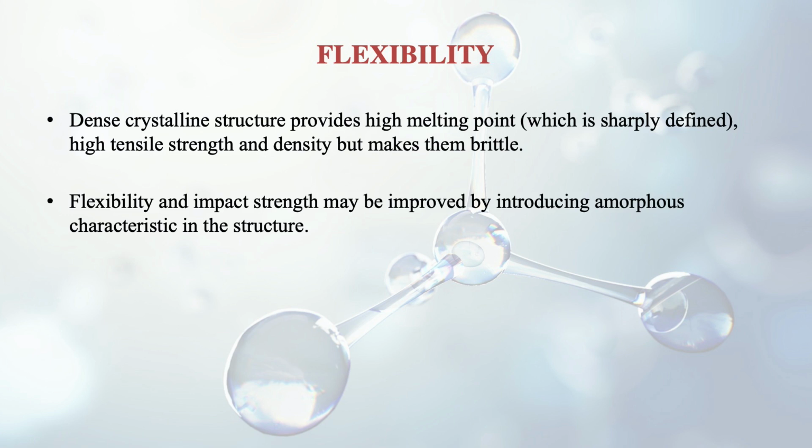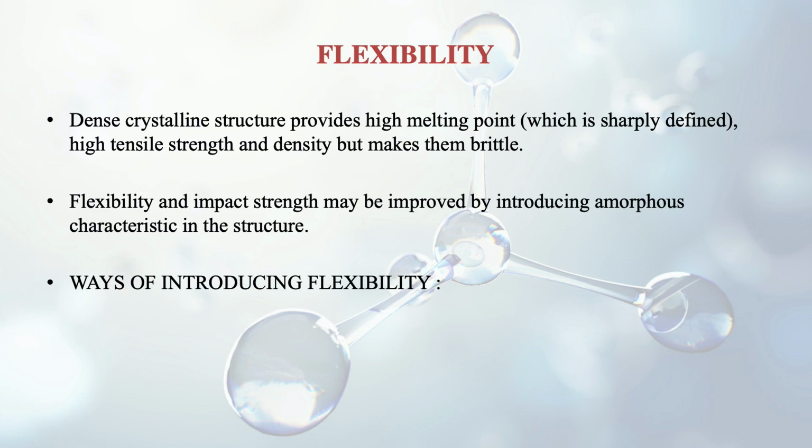How can flexibility and impact strength be improved? By introducing amorphous characteristics in the structure. Because amorphous, we saw, is more compact and difficult to displace. The chains' displacement has to be made with quite a lot of effort. So if we make it amorphous type, then its ductility will also increase.